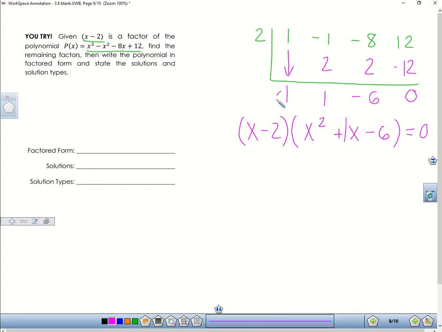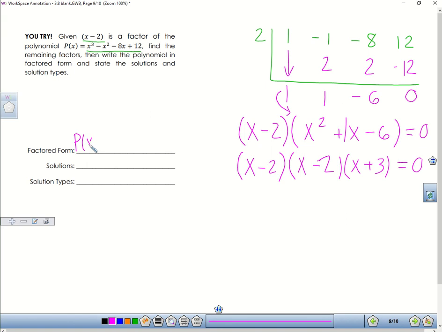That comes from this right here. And then are we fully factored, or can we factor this more? More. We can factor this more, right? So what are factors of -6 that add up to a positive 1? Good, -2 and positive 3, right? So this is our fully factored form.